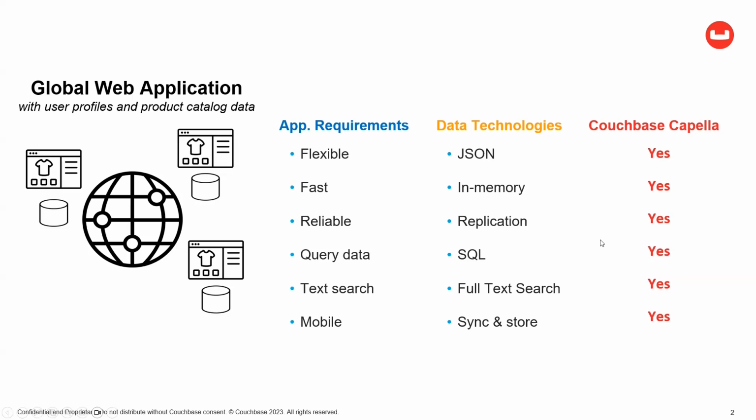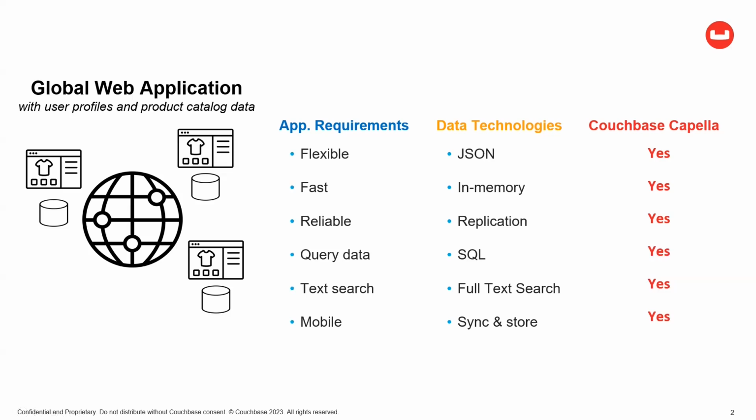Couchbase uses SQL as its main query language. So even though data is stored in JSON documents, we use SQL, the most common query language, to get access and ask questions of that data. There's a built-in full text search capability in the product. So a third-party platform or technology doesn't need to be bolted on.